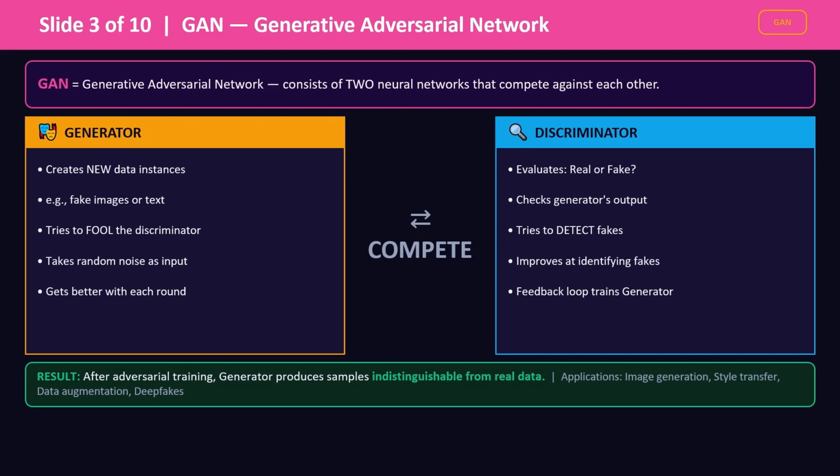The amazing result: eventually, the generator becomes so good that it produces images that look completely real and cannot be told apart from actual photographs. Applications in real life: image generation, style transfer, data augmentation, and yes, deep fakes too, which we'll discuss under ethics. For exam, remember, generator creates, discriminator evaluates. That's GAN.